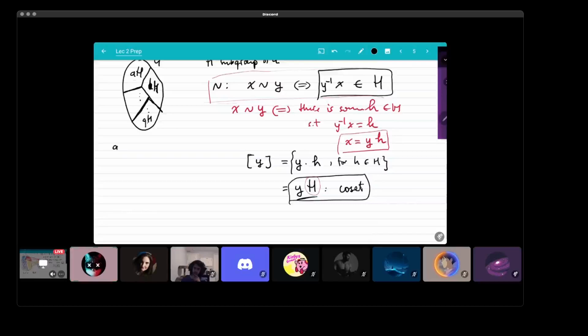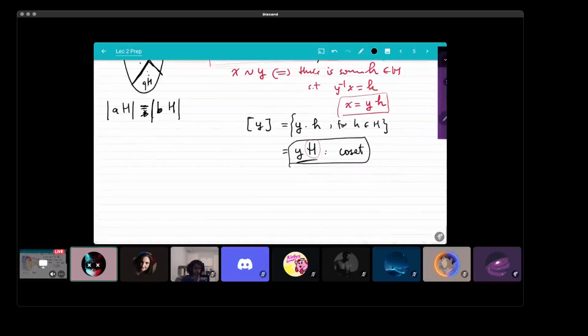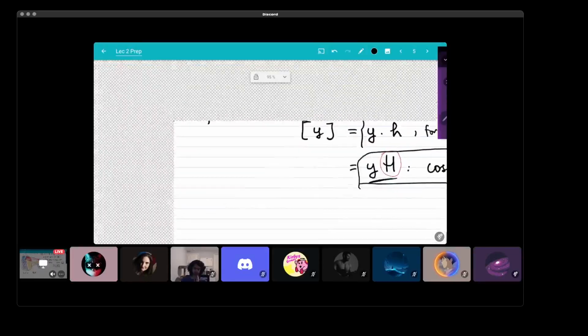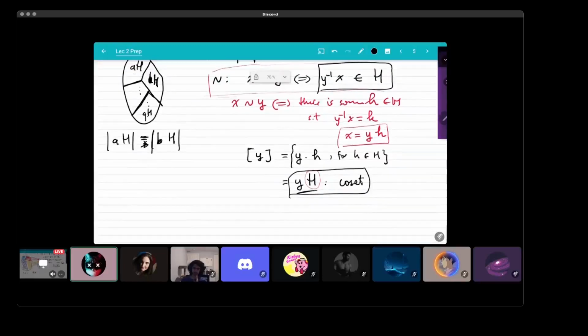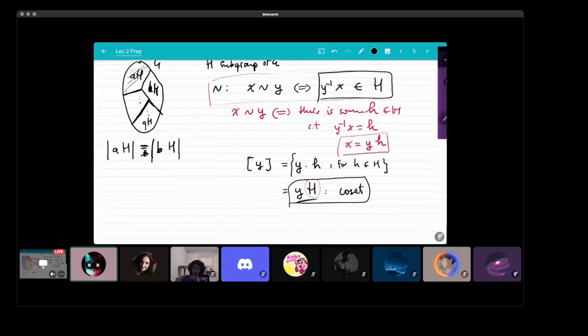If I take AH and BH, the number of elements of these is equal if they're finite. For instance, they have the same cardinality. So in some way these areas are the same size. Not only do they partition the group, but they're also of the same size.